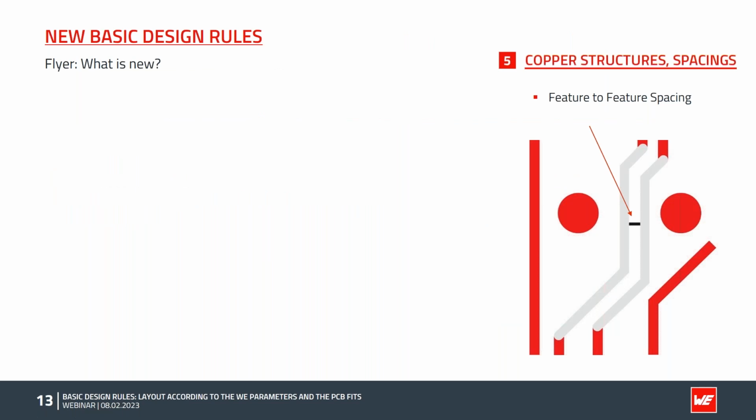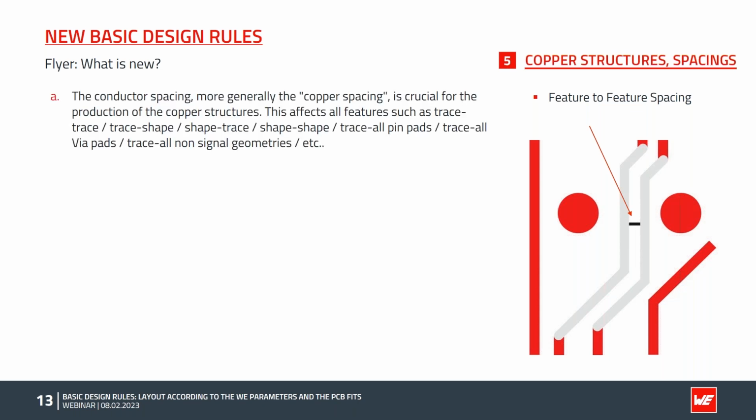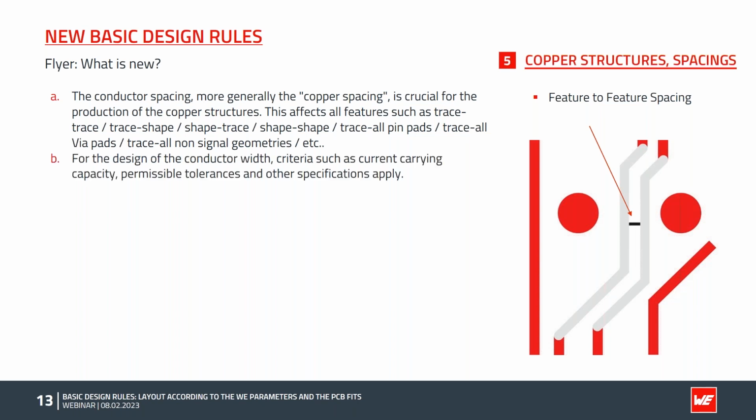So copper structures and spacings, we have to consider that the conductor spacing, or more generally, all copper spacing is crucial for the production of the copper structures. And this affects all features, as you can see here. So for the design of the conductor width, the line width, we have other criteria, not the production, but maybe current carrying capacity, or some specifications regarding signal integrity or permissible tolerances.